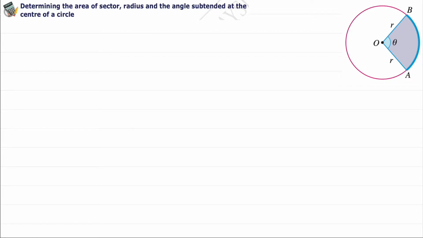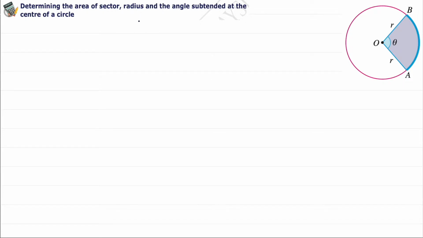For area of sector, the derivation, the process, is actually the same, because we have the same sector and we are going to use the same proportion. We know that the area of a sector is directly proportional to the area of a circle, meaning that when the angle is increasing, the area also will increase.